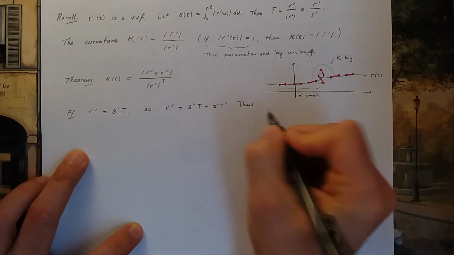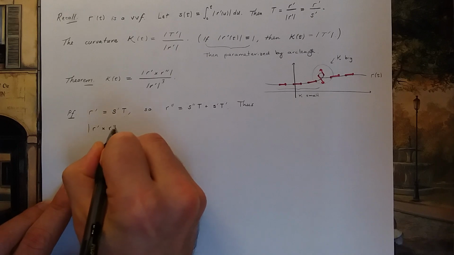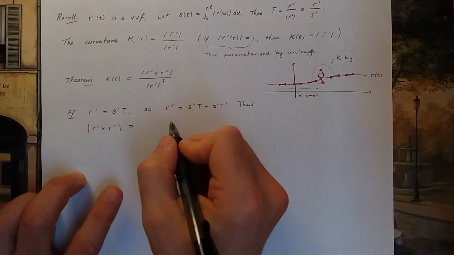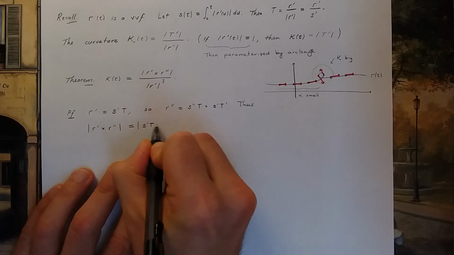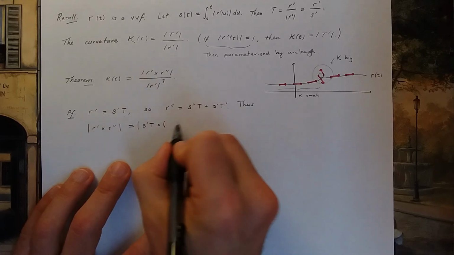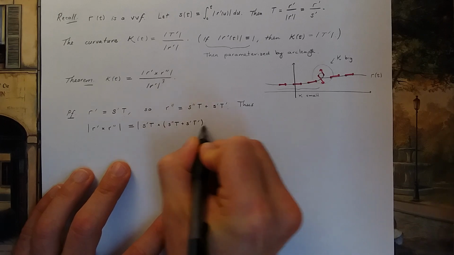Thus, I could take a cross product. So, the magnitude of the cross product is equal to, let's see here, the magnitude of s prime T cross s double prime T plus s prime T prime.